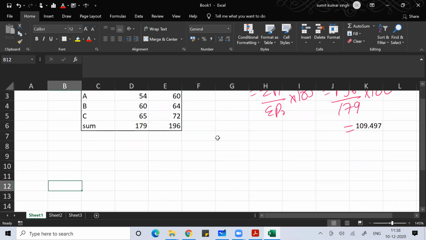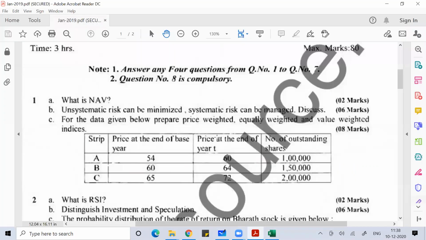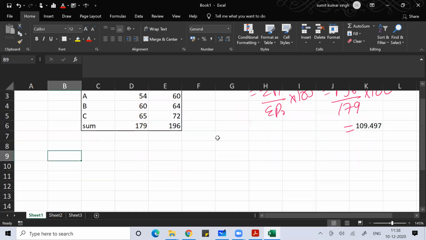Okay, then the next thing, equally weighted index.